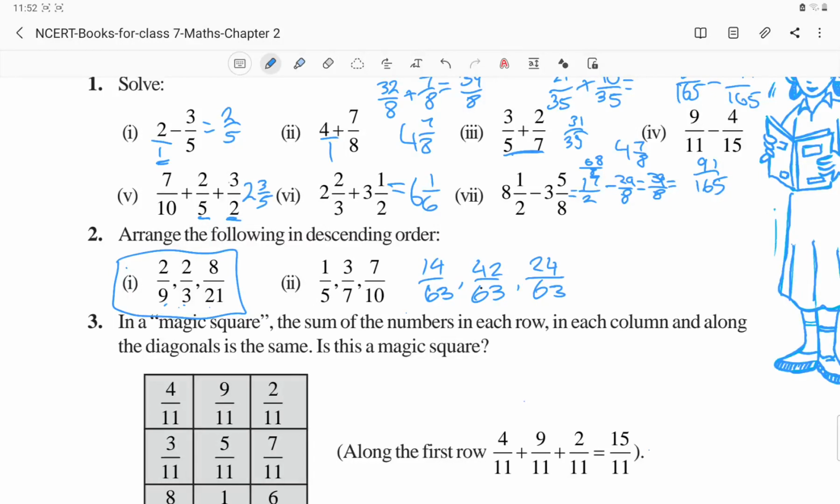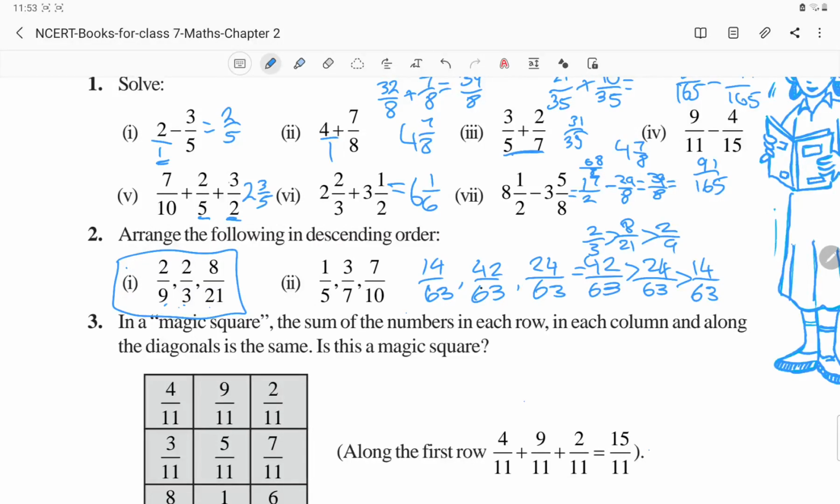Okay, 42 by 63 is bigger than 24 by 63 is bigger than 14 by 63. And if you do this in this way, 2 by 3 is bigger than 8 by 21 is bigger than 2 by 9.